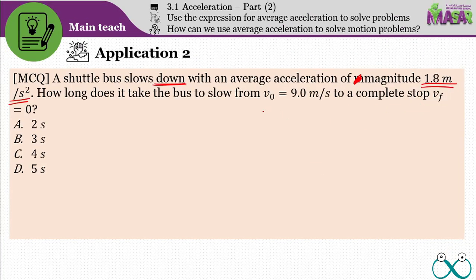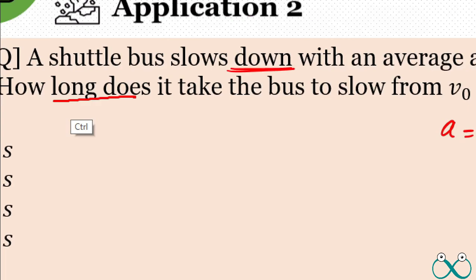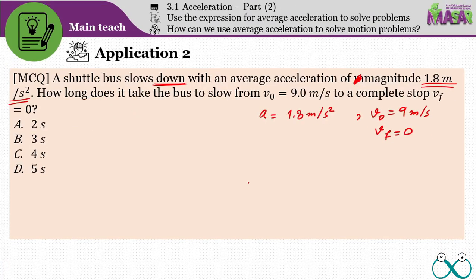The magnitude of the acceleration is 1.8 meter per second squared, the initial velocity v0, or you can write it as vi, is 9 meter per second, and the final velocity is equal to 0. What does it mean by how long? How long means we need to calculate the time to force this bus to decrease its speed from 9 to 0.